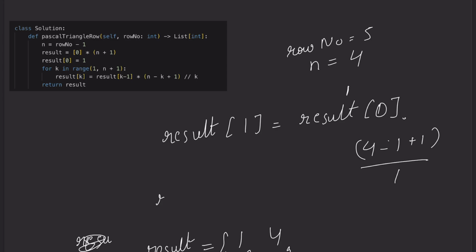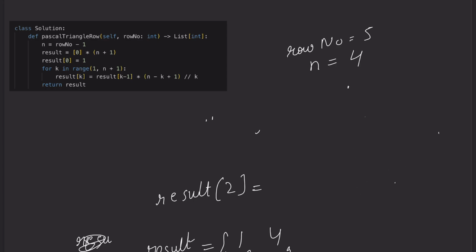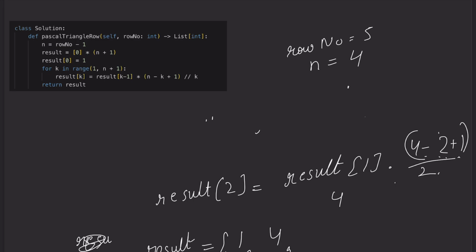Okay. When we calculate the result of 2, we do result of k minus 1, that is result of 1 times n, which is 4, times 4 minus k, which is 2, plus 1, upon 2. So in this case, we actually perform this division on the multiplication result.